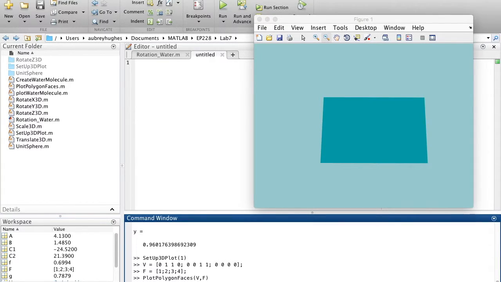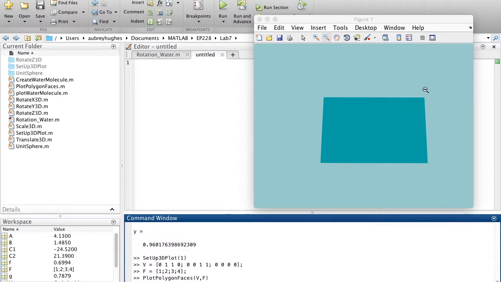So now our vertice matrix is the same as before, but now we have 2 more points. The first is 0, 0, 1 because this is our origin and we're going in the z direction only 1 unit, and this one is 1 in the x, 1 in the z.